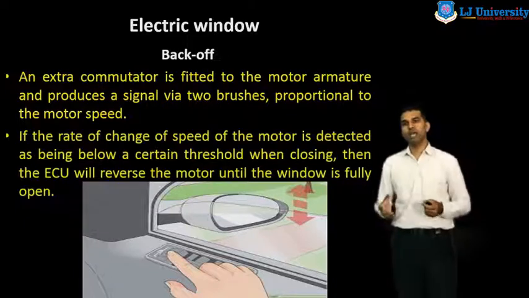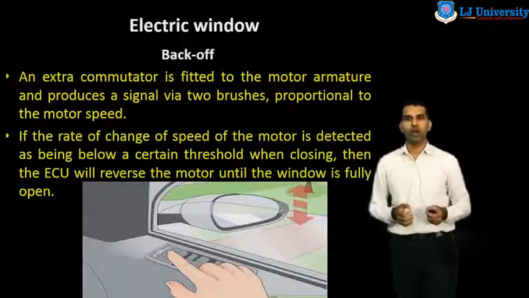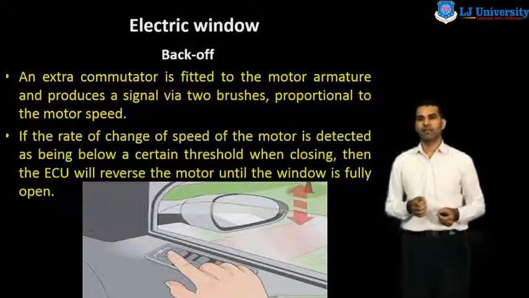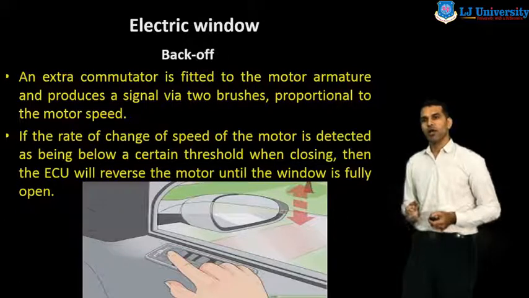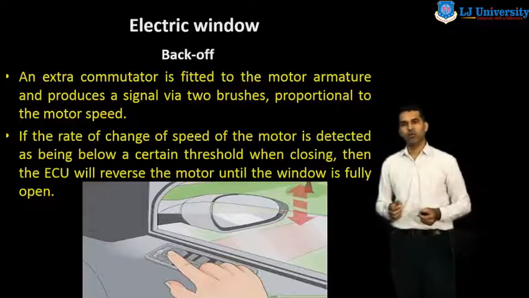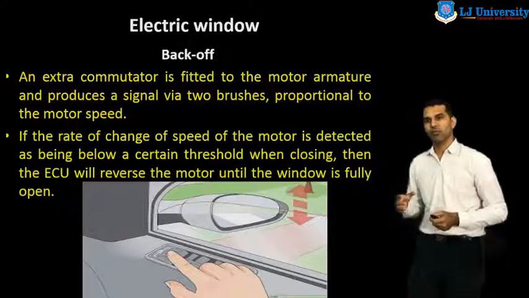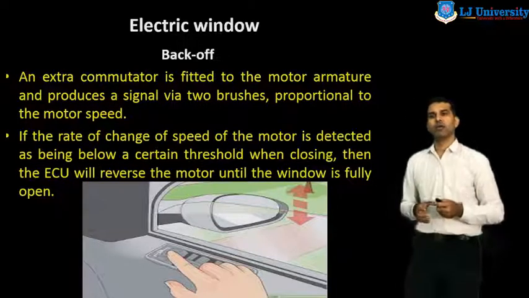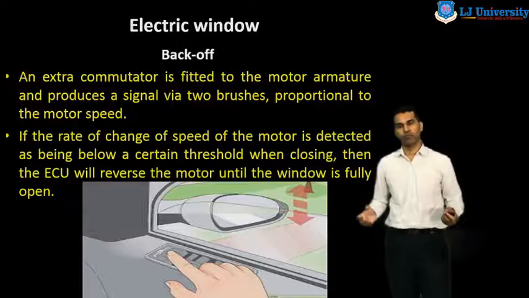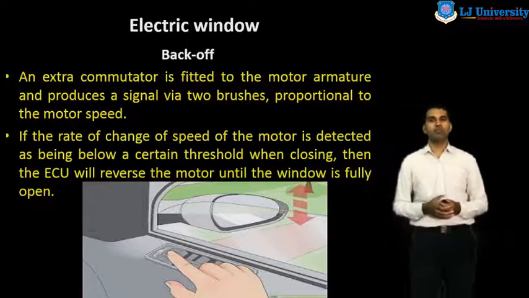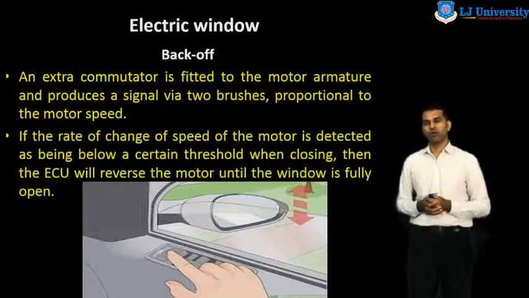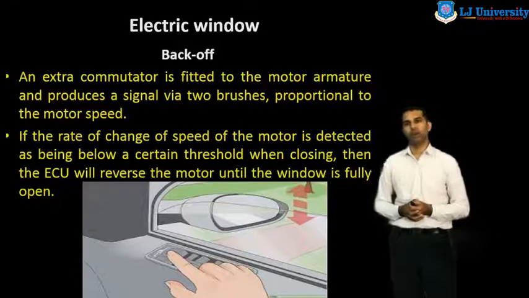If the rate of change of motor speed is detected as being below a certain threshold when the window is closing, then the ECU will reverse the motor until the window is fully open. So the disadvantage of the one-shot window is overcome by this back-off system.